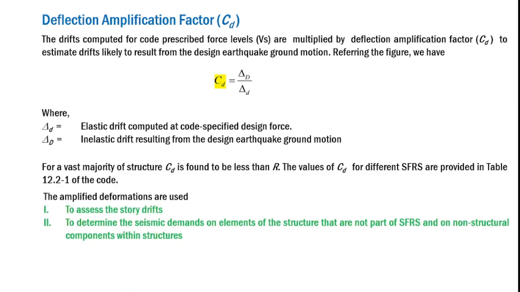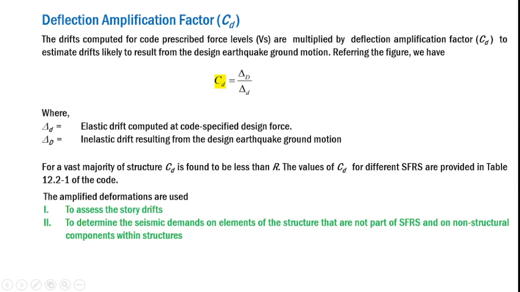And you may ask, where do we use these amplified deformations, or where do we use the inelastic drift? This inelastic drift, which is the actual drift undergone by the structure in case of the design ground motions, these amplified deformations are used to assess the story drift.